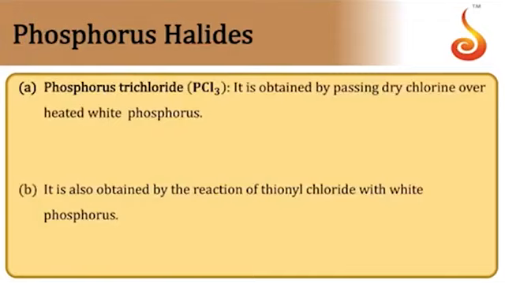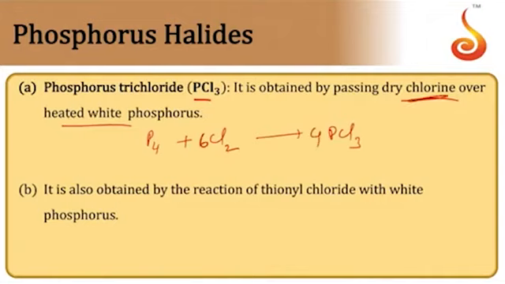Phosphorus trichloride is obtained by passing dry chlorine gas over heated white phosphorus. So white phosphorus P4 plus Cl2 gives PCl3, with 6 and 4 as coefficients. It can also be prepared by the action of thionyl chloride on white phosphorus.